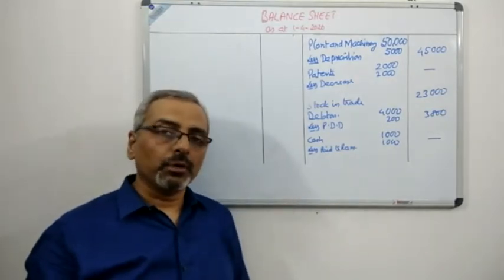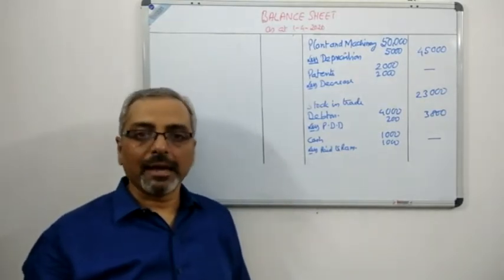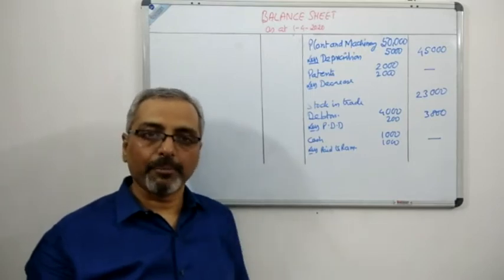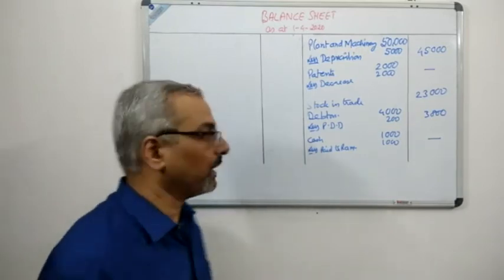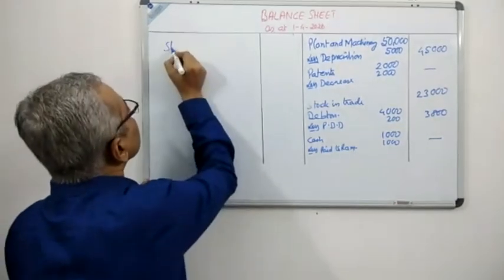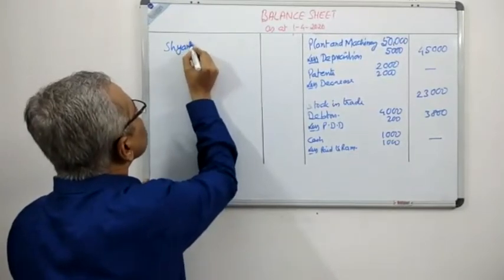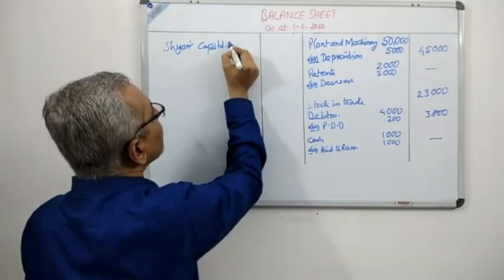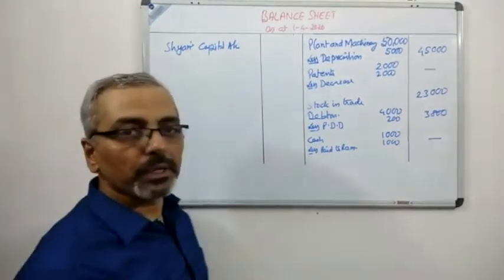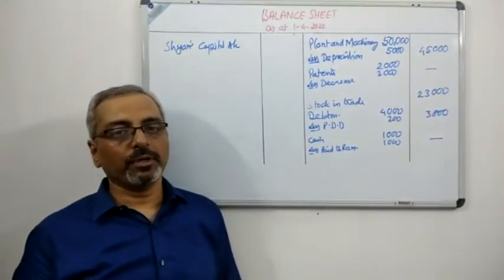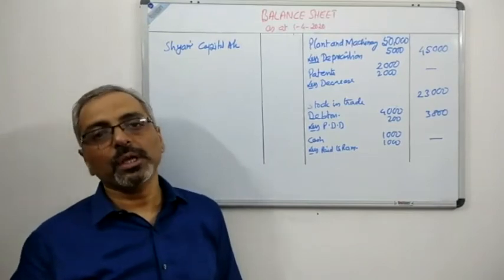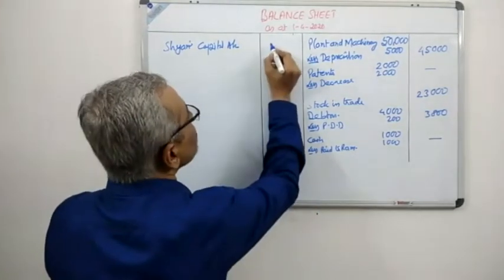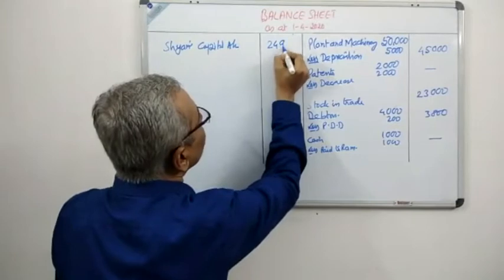Now let us move on to the balance sheet liability side, where we will have the capital and the liabilities. So we have first Shyam's capital. If you remember, we had prepared the capital account, and the balance which we had got in the capital account was 24,900. So over here, Shyam's capital 24,900.